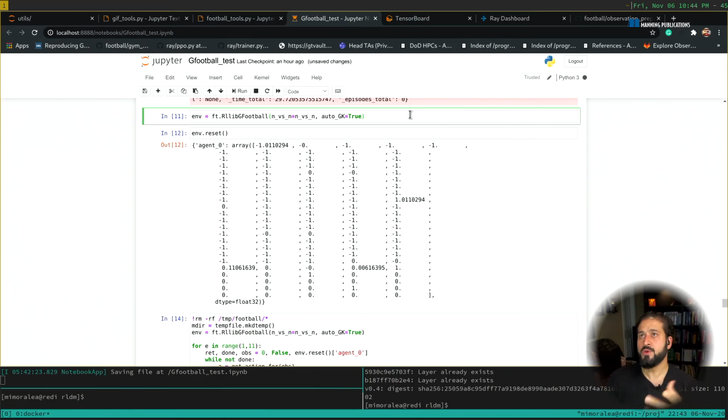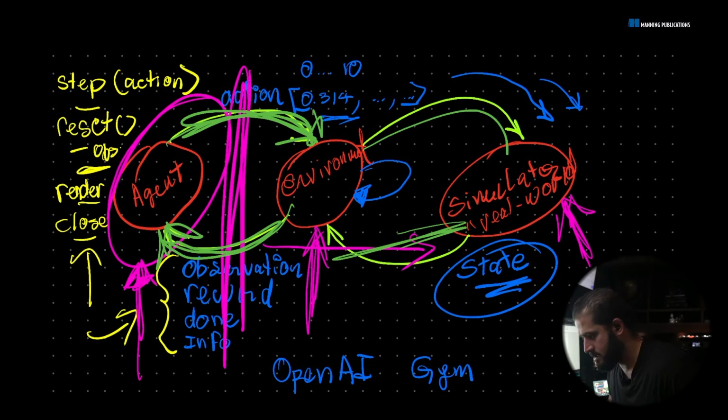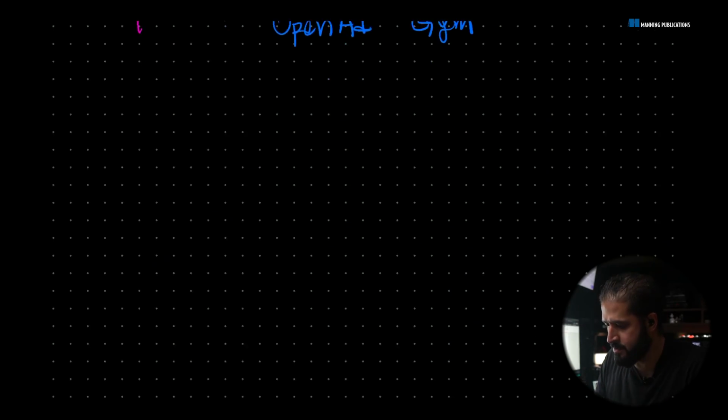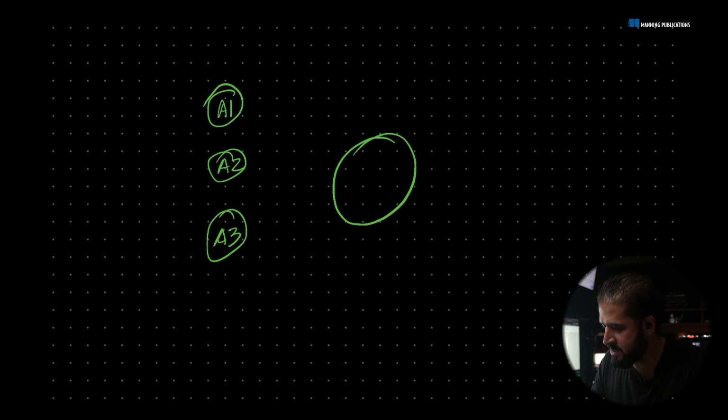But what people use for multi-agent is a dictionary. Let me go back to this. Okay, you can see that. So remember the agent. You can imagine here now we're going to have agent 1, agent 2, agent 3, and then you have a single environment.